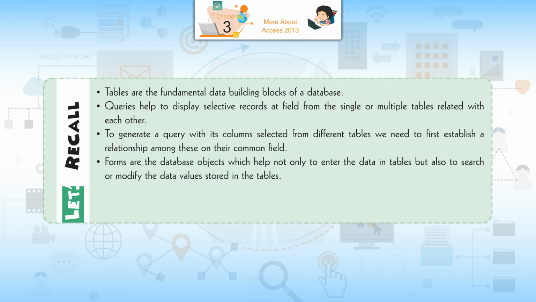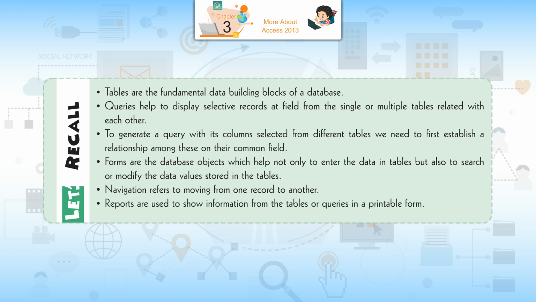Forms are the database objects which help not only to enter the data in tables but also to search or modify the data values stored in the tables. Navigation refers to moving from one record to another. Reports are used to show information from the tables or queries in a printable form.